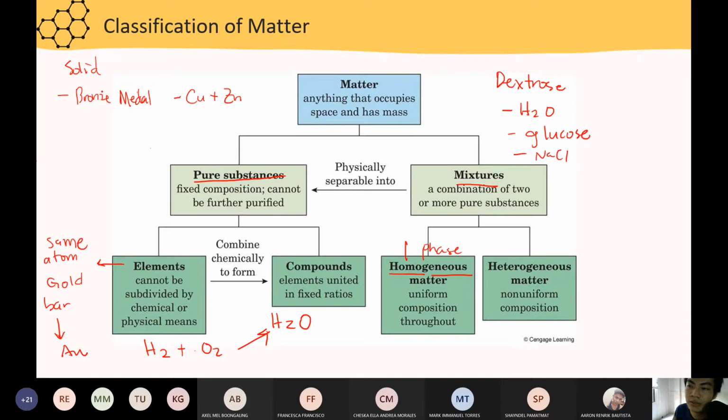Pero, if you take a look into it, it appears that you cannot distinguish the two elements in the mixture, di ba? Hindi mo madidistinguish, ay, ito copper, ay, ito zinc. No? Ang nakikita mo is bronze metal in its entirety. Okay? So yeah, that's an example of a homogeneous mixture that is in the solid phase now. Another example will be the amalgam.